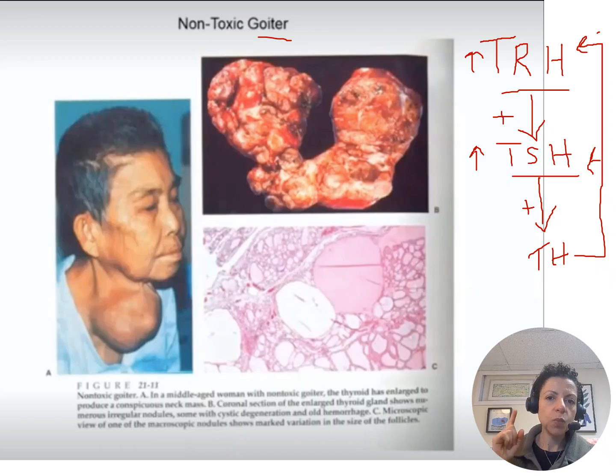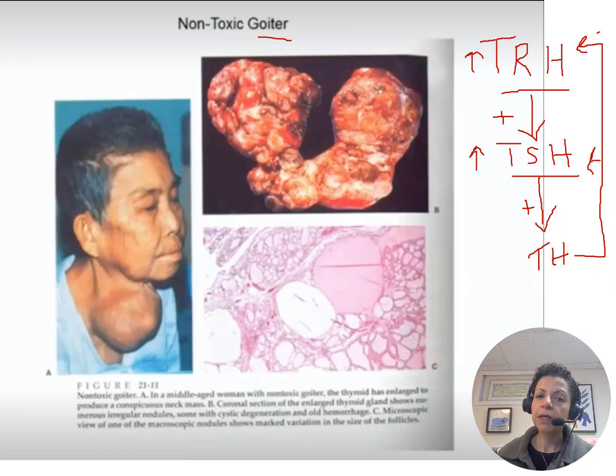And there's even one kind of hyperthyroid condition where we see a goiter. So seeing a goiter is not a given for whether this is a hyperthyroid condition or a hypothyroid condition, or even that thyroid hormone levels are going to be abnormal at all. They could be normal. This could be non-toxic goiter.